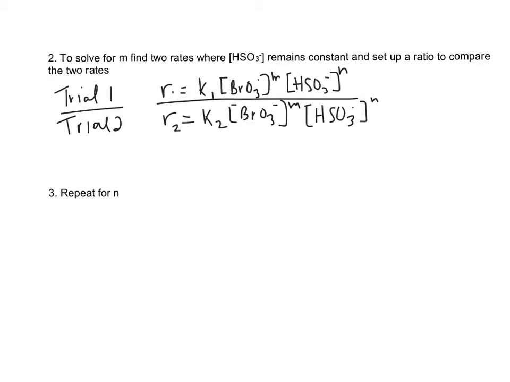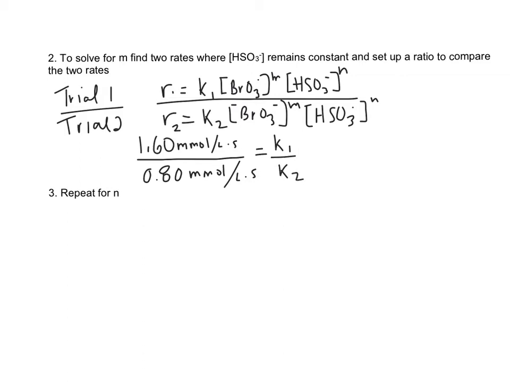So I put in my values, 1.60 millimoles per liter per second over 0.80 millimoles per liter per second is equal to k1, we don't know what it is yet, k2, times the concentration of this is 4.0 millimoles per liter over 2 millimoles per liter to the exponent m.